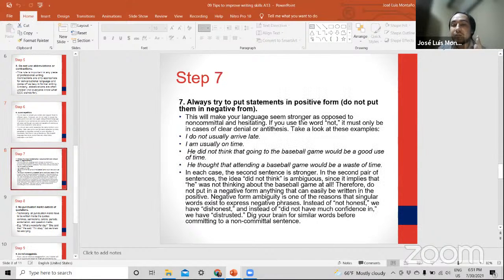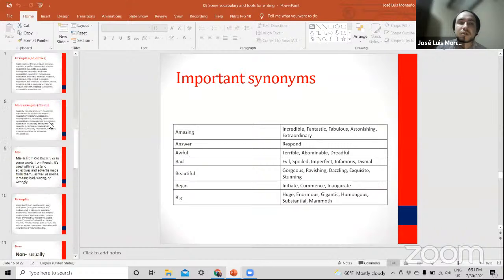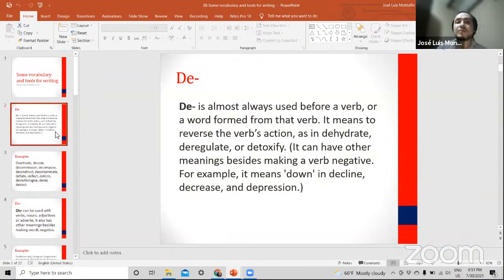Repetition and affirmative statements. Now we're going to go to this one, right? We covered the vocabulary, important synonyms for avoiding repetition. Now we're going to go up and take a look at these prefixes so that we can also use other words and avoid using negative sentences, negative statements, negative questions.